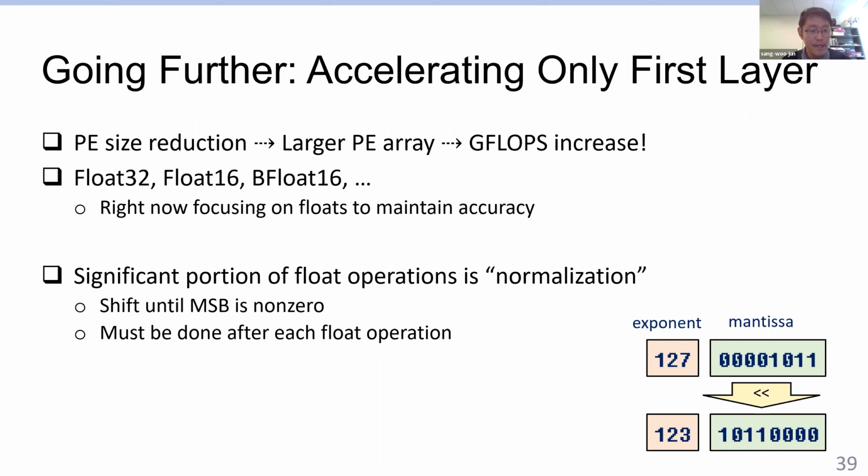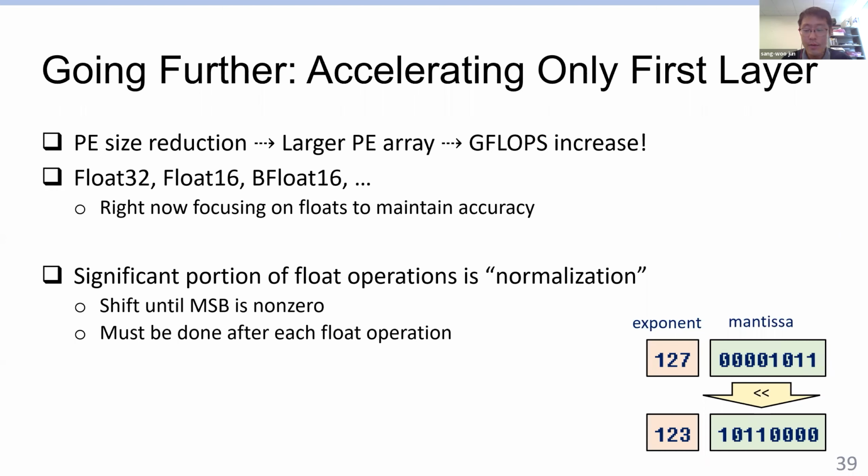And our observation here is that a significant chip resource portion of float operations is the process of normalization in floating point operations. After you do floating point multiplication or additions, maybe I should have an animation here, if the mantissa portion has many leading zeros in the MSB, then the mantissa has to be shifted upwards until the most significant bit is non-zero, as you see in the bottom example, the 1, 2, 3 exponent and 1, 0, 1, 1s.